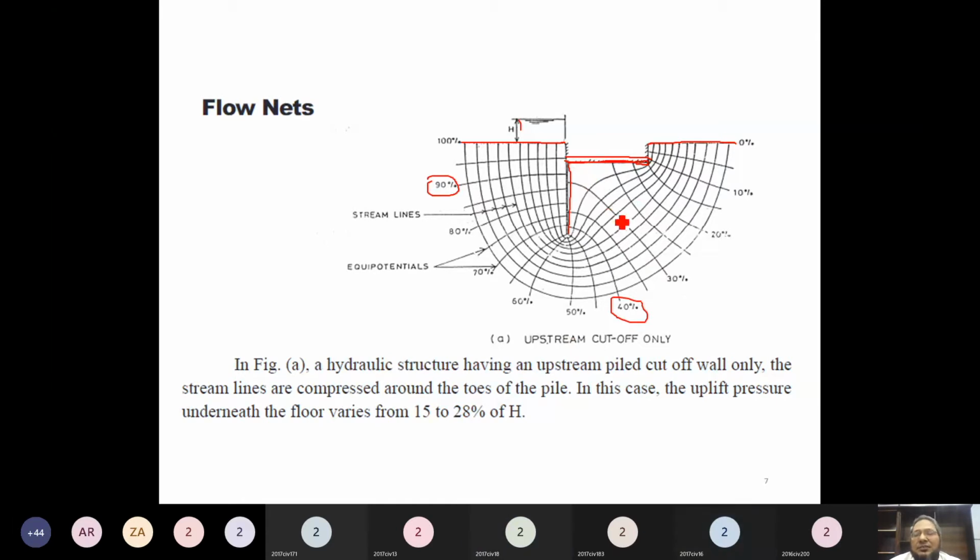Okay, how much is the pressure here? 30% of H. And what does this line give us? 25% of H. And how much at this point? 15% of the H. And how much should be here? In between, maybe 28% of H.